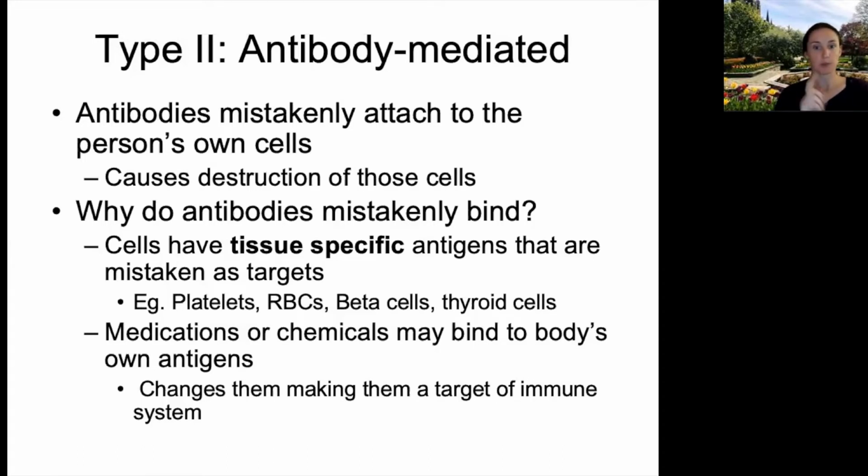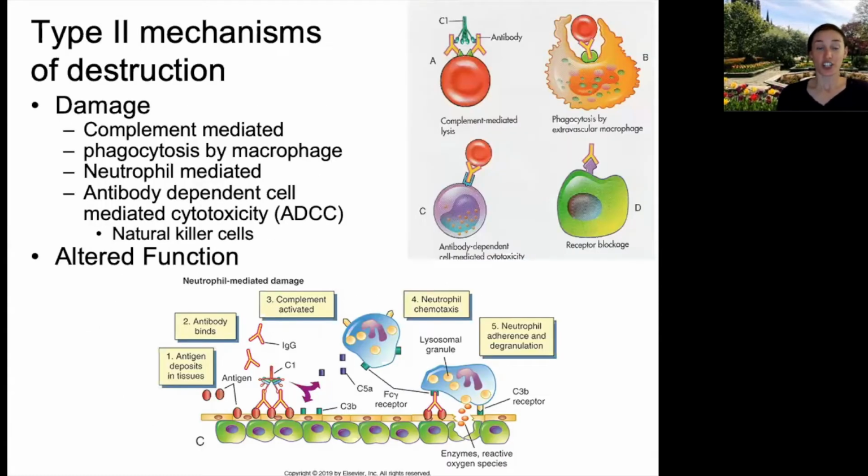So this could be platelets, red blood cells, beta cells, thyroid cells. Medications or chemicals may bind to the body's own antigens, which changes them, making them become a target for our immune system.